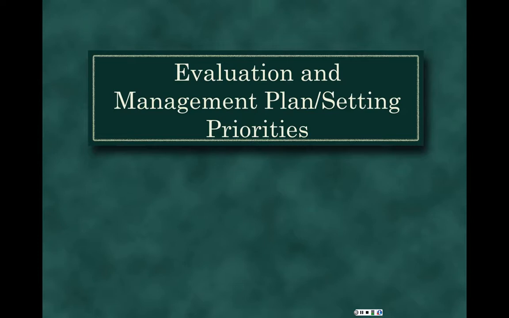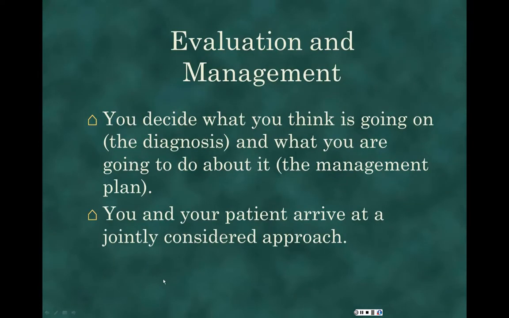So once you've come up with your diagnosis, you're going to be developing your evaluation and management plans, and you're going to be setting priorities. You decide what you think is going on, that's your diagnosis, and what you're going to do about it, which is the management plan. Both you and the patient arrive at a jointly considered approach.